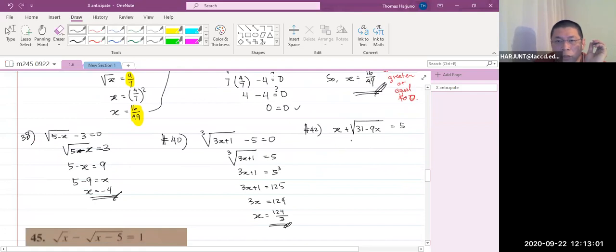I will isolate the radical. Let me move the negative a bit to the left so that I have enough space. Square root of 31 minus 9x equals 5 minus x. Now I will square both sides. But notice when I square both sides, the right-hand side becomes 5 minus x, quantity squared.